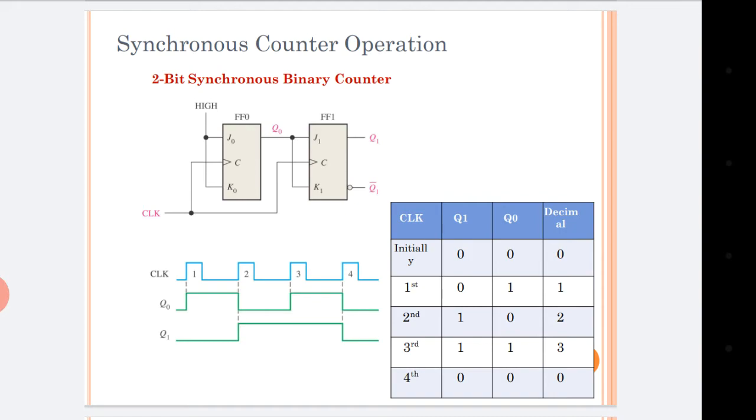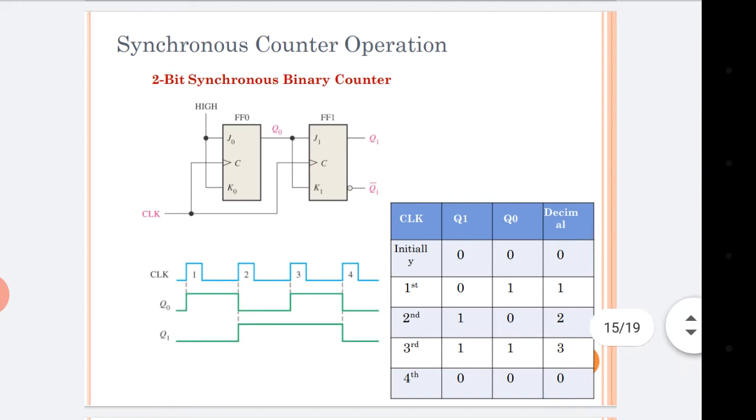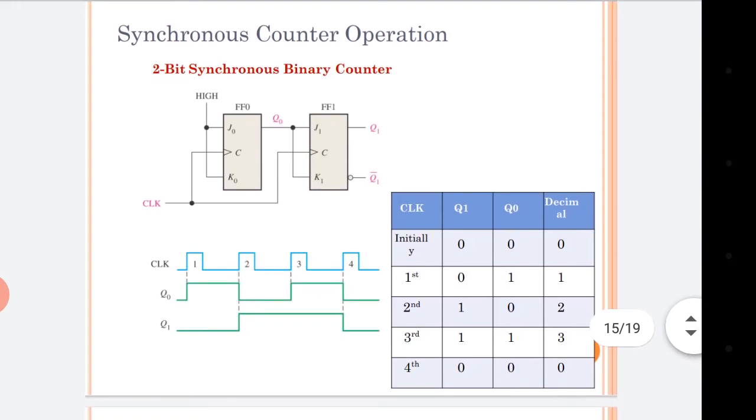Next time Q0 will again toggle, but Q1 will remain unchanged because its input is Q0. So 1 1, and for the next clock pulse both the flip flops will toggle and your output will go to 0 again.